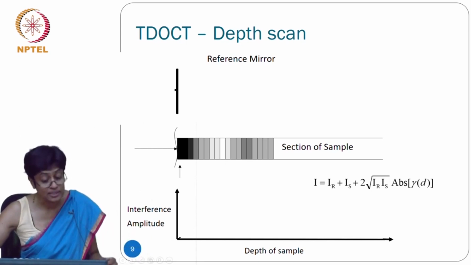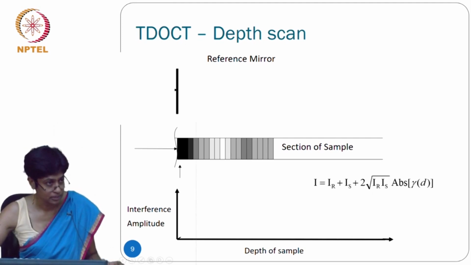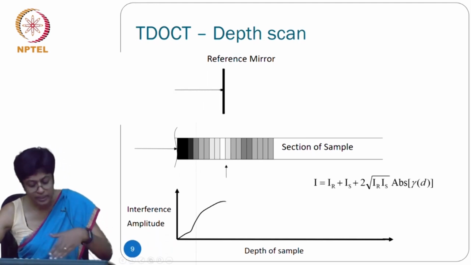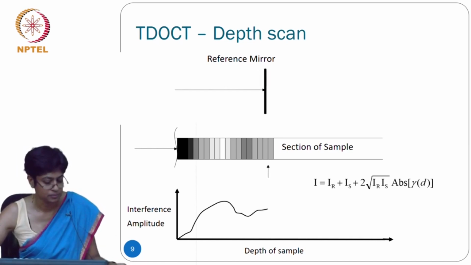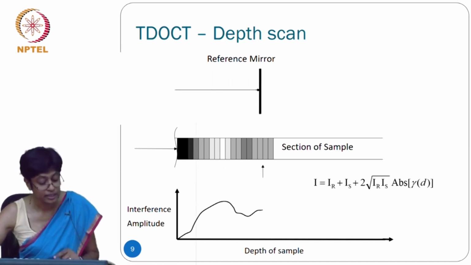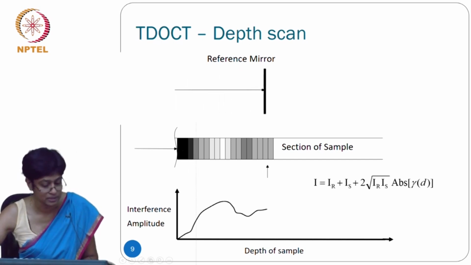Okay? So I'm showing you again only the sample and only the reference mirror on top, right? I'm not showing you the rest of the Michelson interferometer. As the mirror moves, you're looking at this interference pattern below. It's very poor in the beginning because you have very poor reflection in the beginning. It's very bright at this place because you have the maximum reflection at this place.